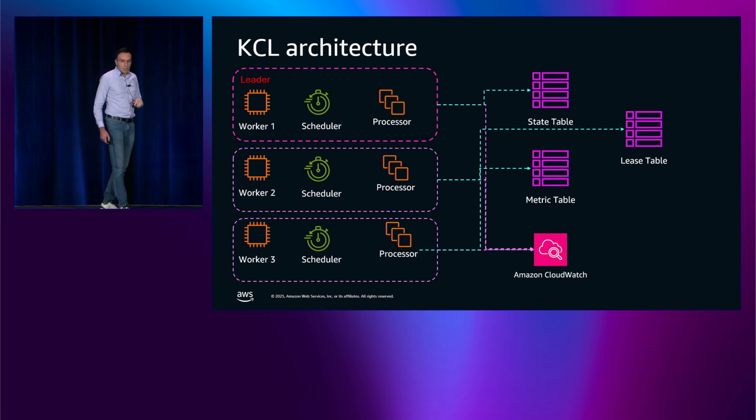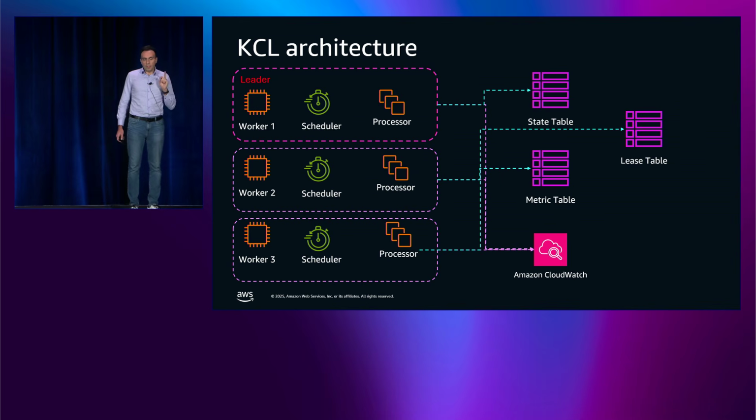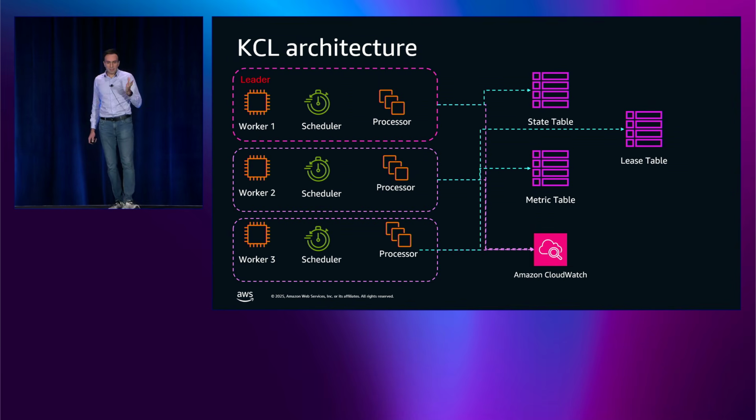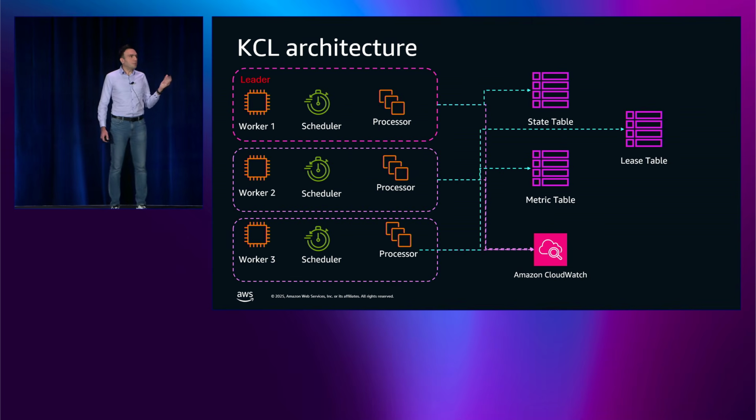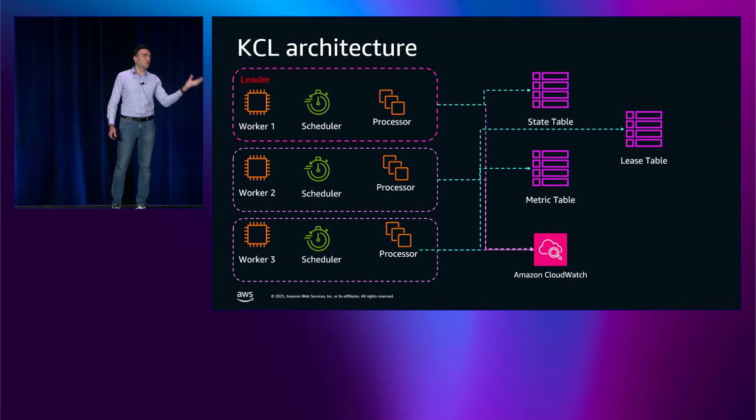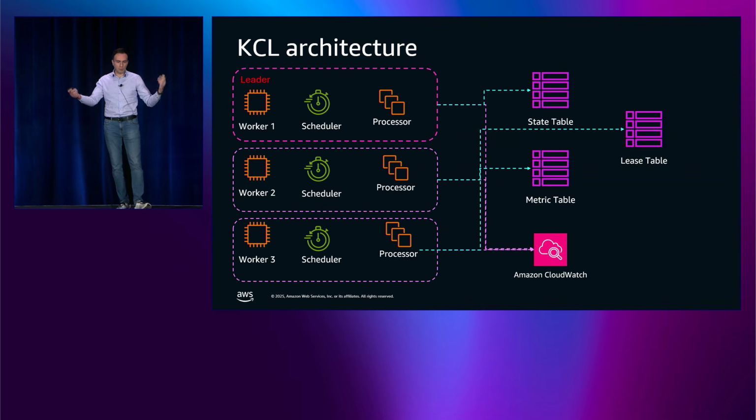All right, going back to this. When you use Kinesis Client Library, it manages the state across 3 separate DynamoDB tables. The state table keeps track of which one of the workers is leader. The lease table keeps track of which one of the workers and processing thread is consuming from which shard, and then how that subscription and mapping looks like.